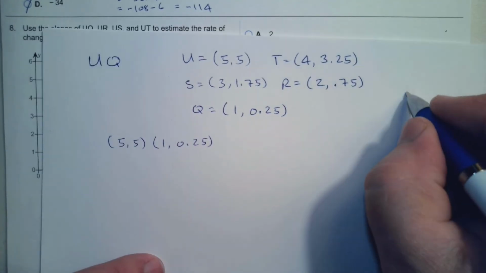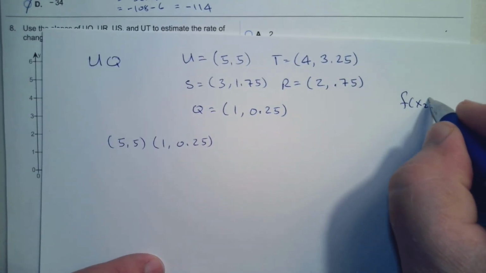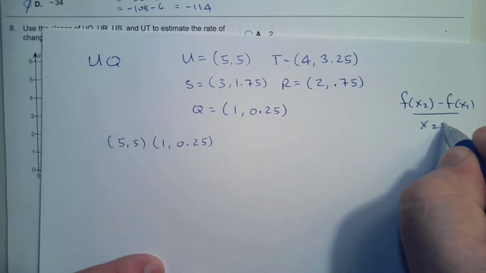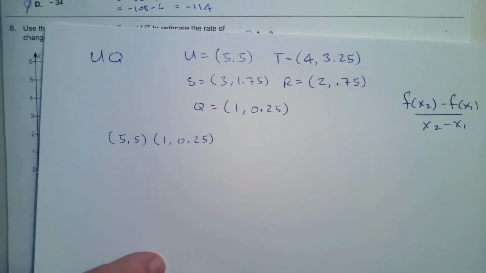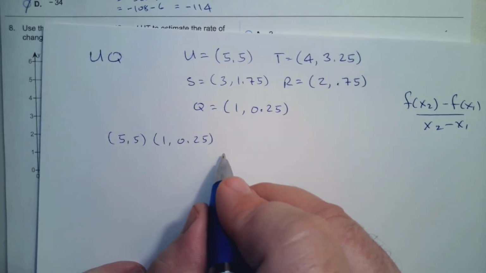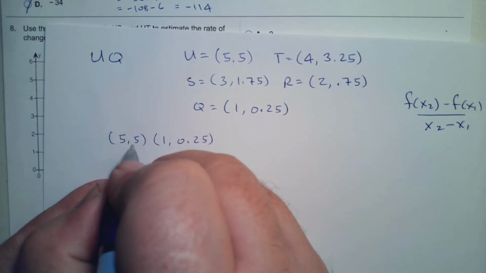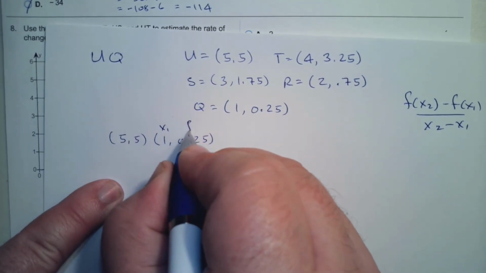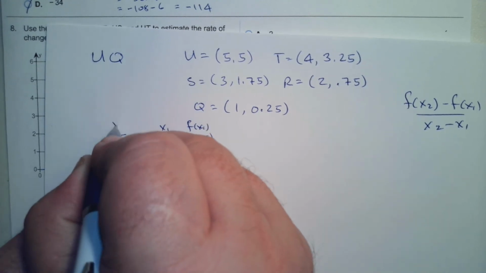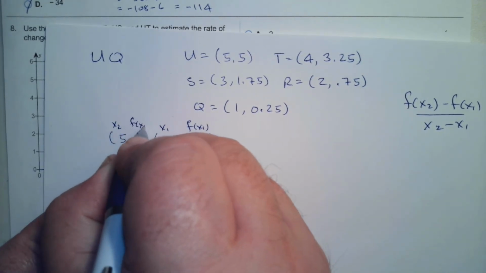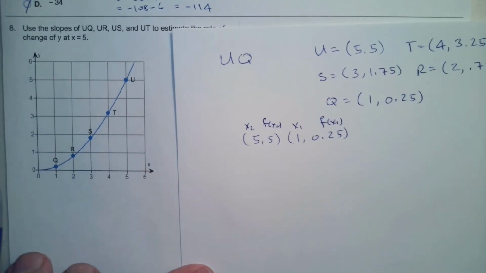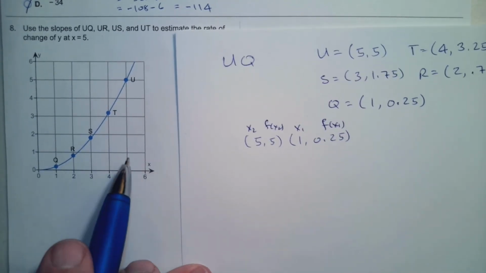We're going to be using this equation on all of these. So this is x1, f of x1, x2, f of x2. Because, okay, this is our first point, that's our second point.